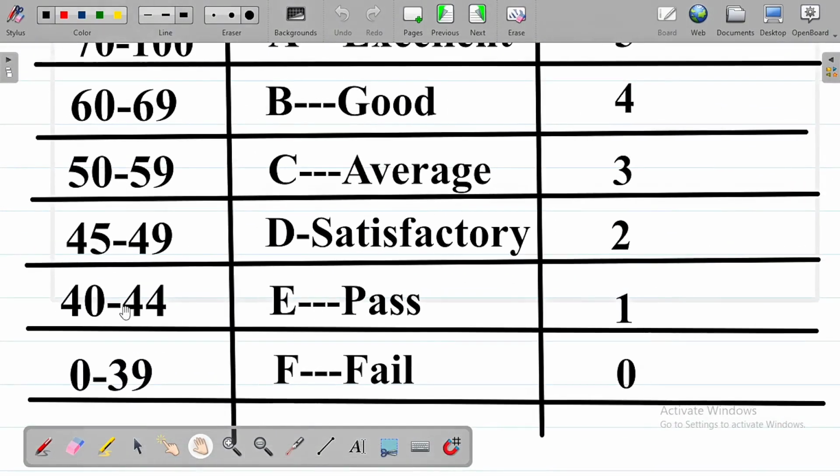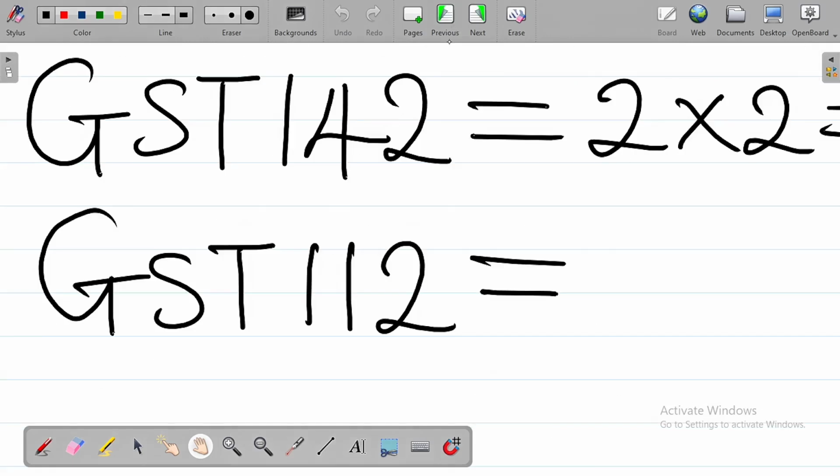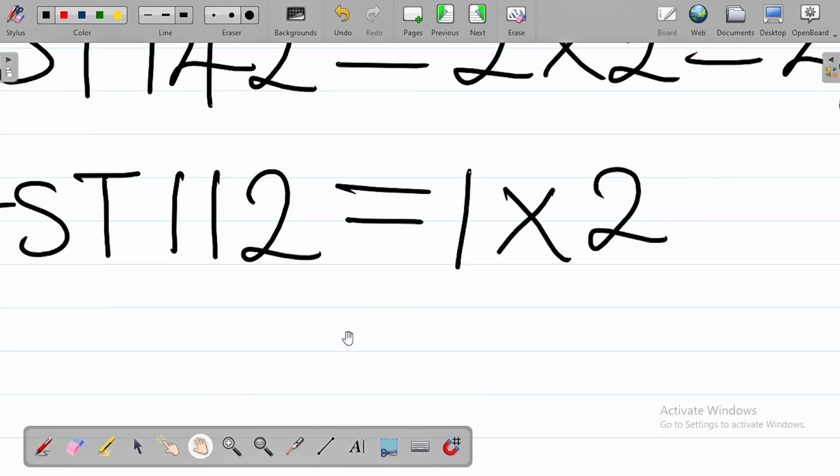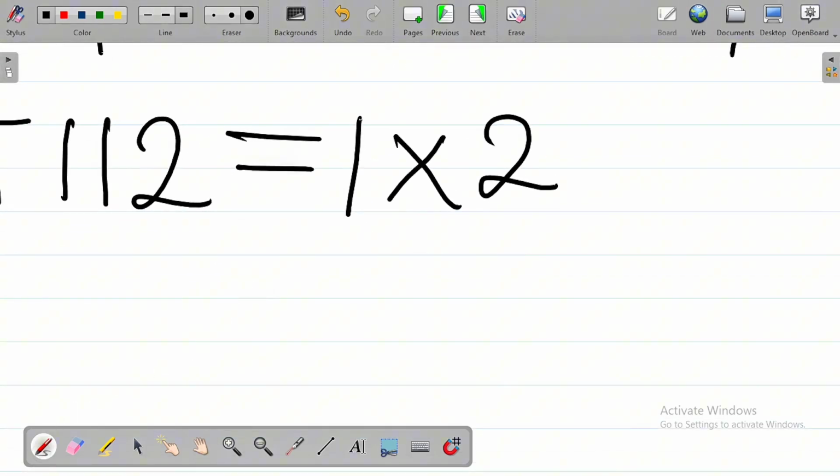Remember, 40 to 44 marks is E, and E is 1 point. So we have here 1 multiplied by 2. 1 is the point, and 2 is the course unit. So 1 multiplied by 2 is equal to 2.